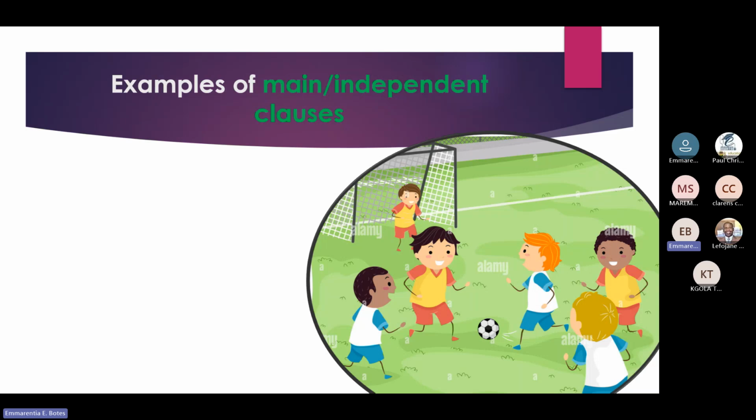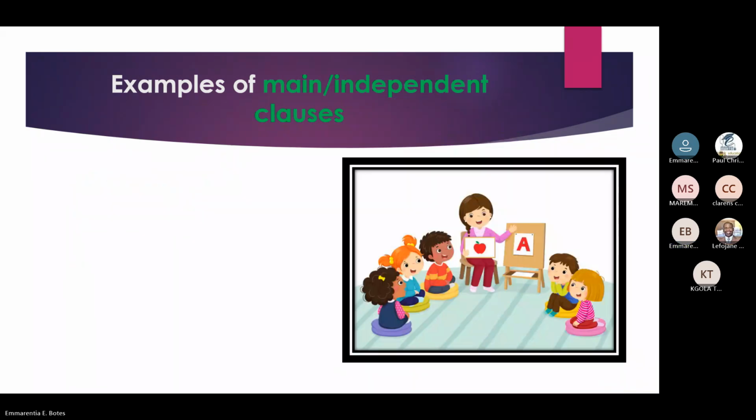Another example: the boys played soccer. We understand just by reading it, because the boys is the subject and played soccer is the predicate. Look at this example: the children listened to the teacher.